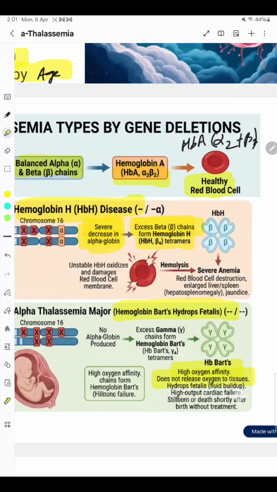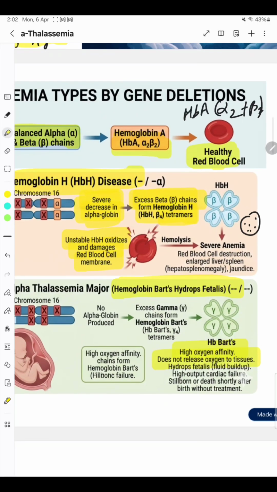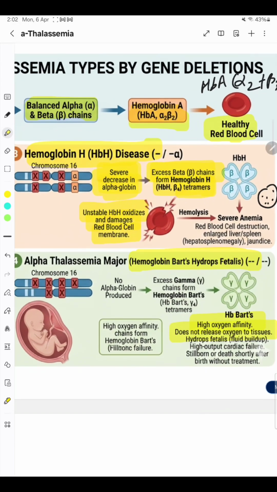These beta globin chains form tetramers and they damage the RBC membrane, resulting in hemolysis. These beta 4 inclusions in the RBC result in phagocytosis of RBC when they travel through the spleen or during splenic sequestration, and further cause hemolysis and ultimately anemia.